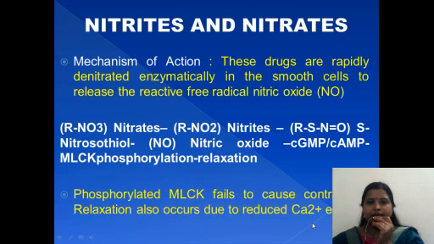We have seen in the previous slides that the MLCK phosphorylation is reducing the activated MLCK form, and hence there is no myosin light chain phosphorylation, and hence actin cannot combine with the myosin light chain, and hence no contraction.